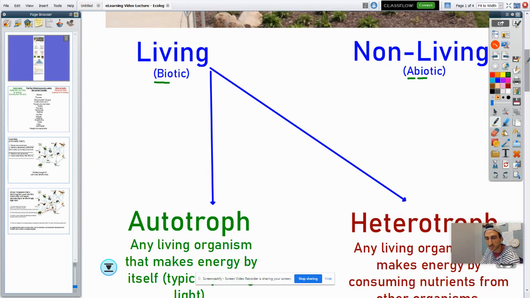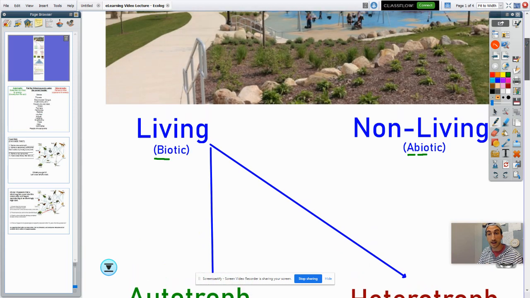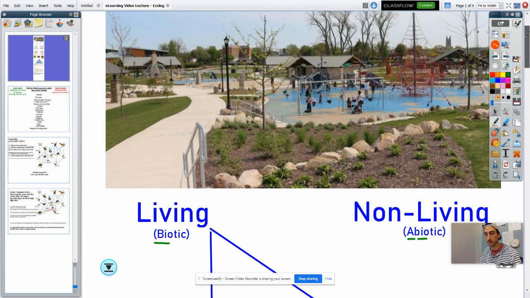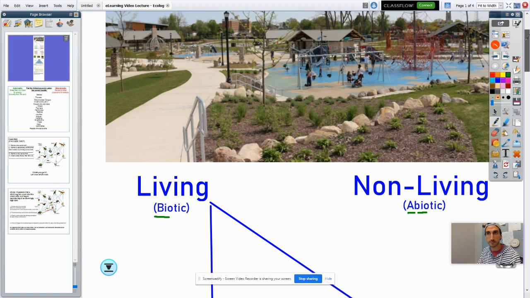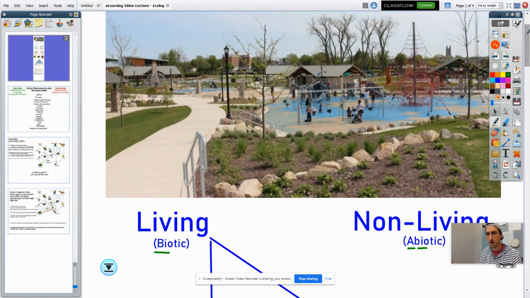Let's move on. Okay, so let's break down these arrows from living, or biotic, organisms that impact this ecosystem. By the way, biotic and abiotic things in an ecosystem all impact the ecosystem around it, right?